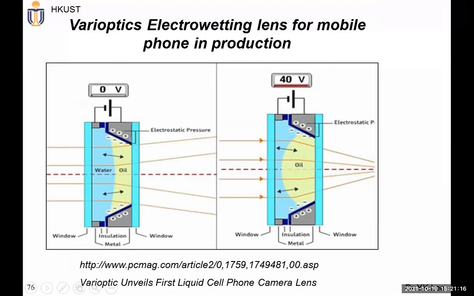Of course, as I mentioned, another branch is electrowetting as a microfluidic zoom lens. Varioptic is actually one company. Basically, they use voltage to manipulate the droplet for the zoom lens, to adjust the focal length, so again this can be useful.